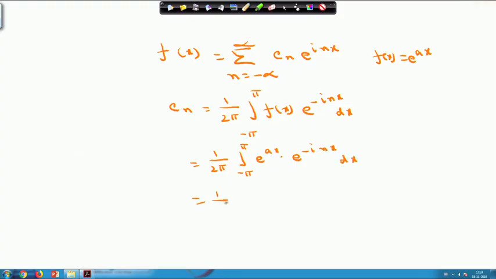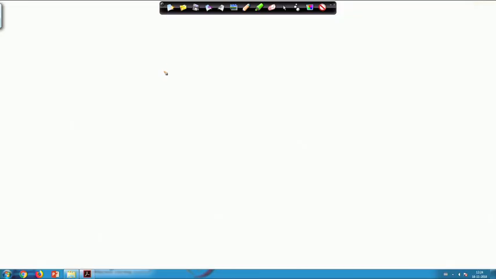This I can write as 1/(2π) ∫ from −π to π of e^((a − i n)x) dx. If I evaluate this integral, I obtain at the next stage C_n equals 1/(2π) times e^((a − i n)x)/(a − i n), which will come after integration, from −π to π.